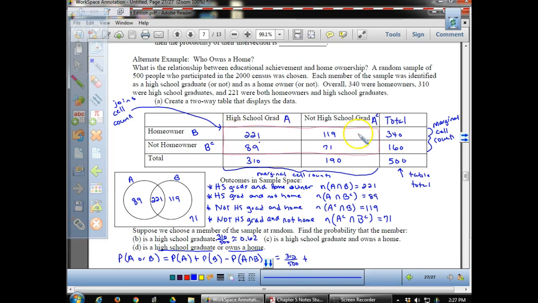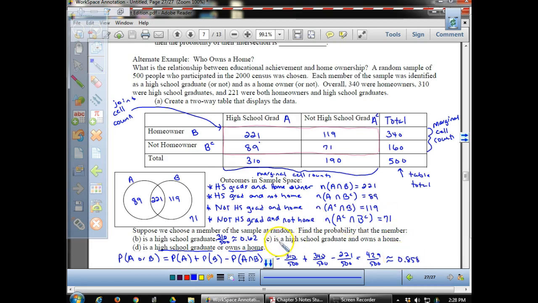The probability of B is going to be 340 out of 500. And then I have to subtract out the overlap. This is where my overlap is, the 221. And that probability is going to give me 429 out of 500, and that's going to be roughly 0.858.